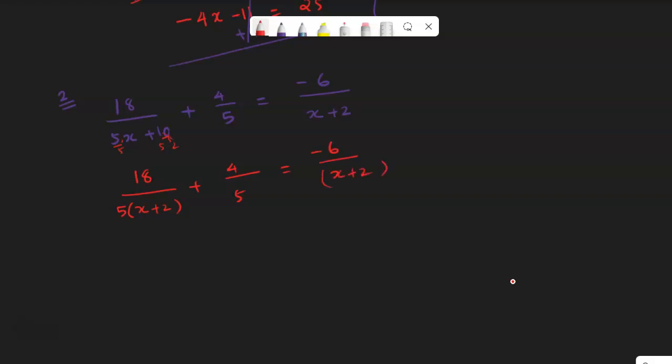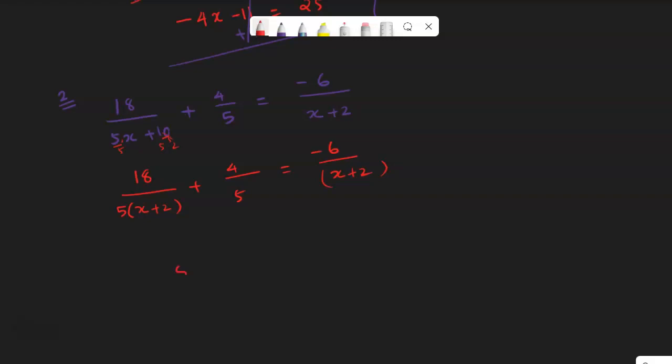See, magic is happening. x plus 2 and x plus 2 appear on both sides. Now we need a common denominator, right? There are a lot of mathematical ways to find the common denominator, but I can explain a simpler way here. See here you have 5. The second denominator is also a multiple of 5, so you can consider this denominator as the common denominator.